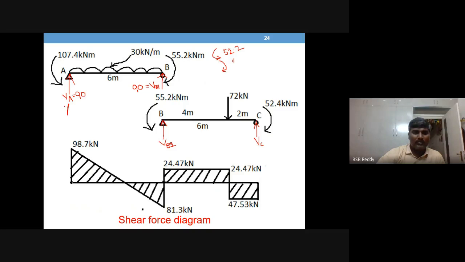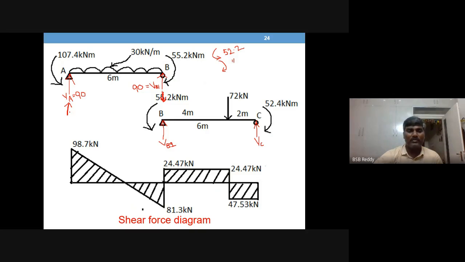Left upward, right downward can only produce clockwise moment. Okay.